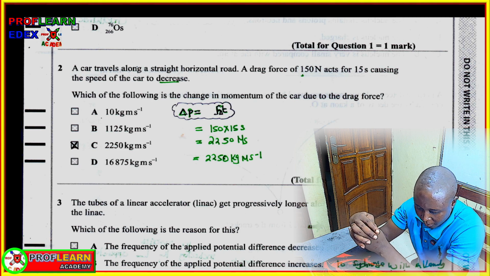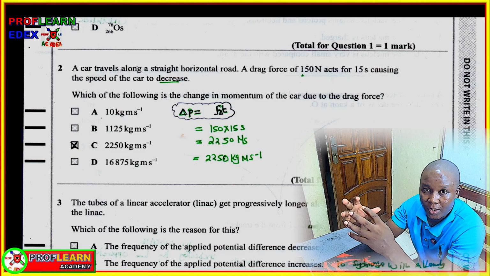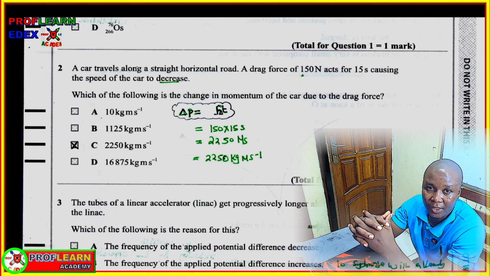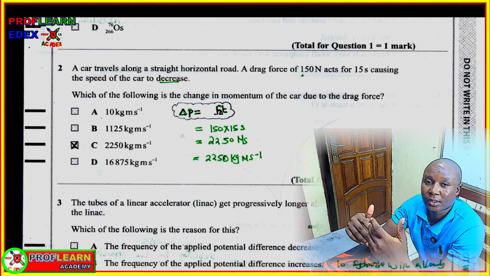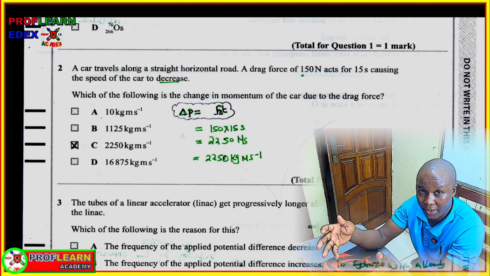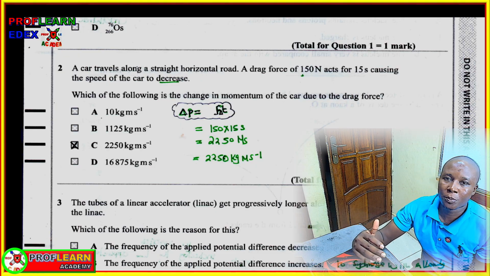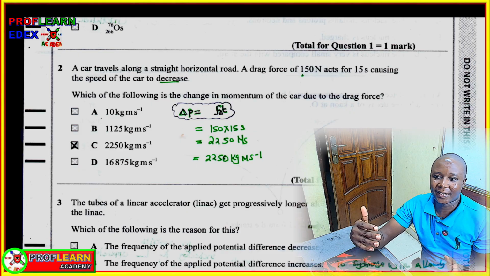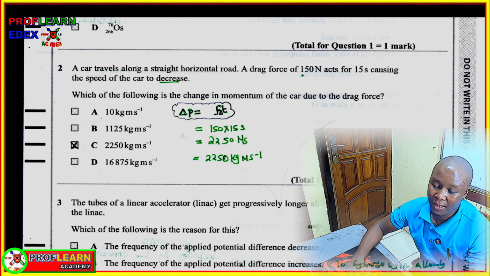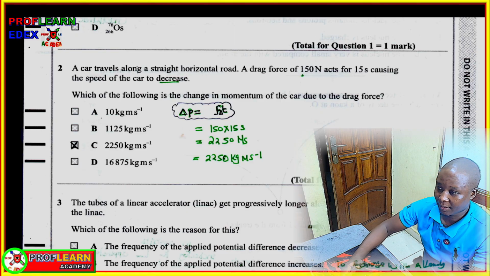So we need to understand that to synchronize, since the particle must spend the same time in the tube and the particle's speed keeps on increasing as it accelerates from one tube to another, they have to ensure that the tube is longer so that it can spend the same amount of time in that particular case.